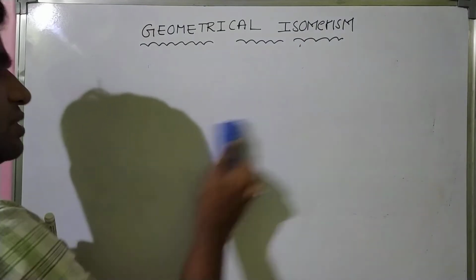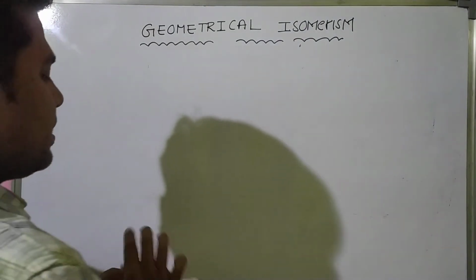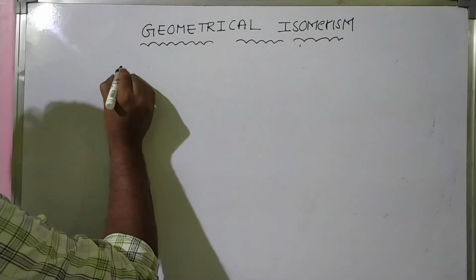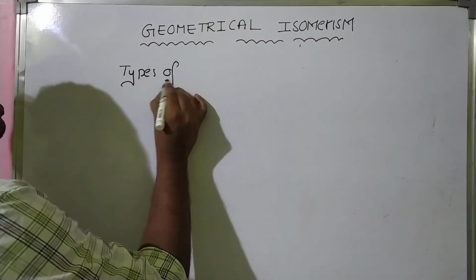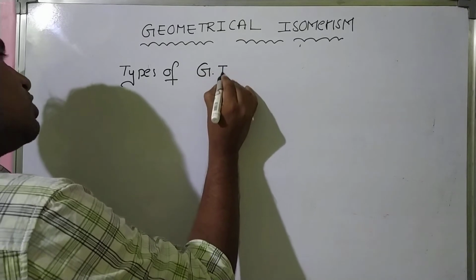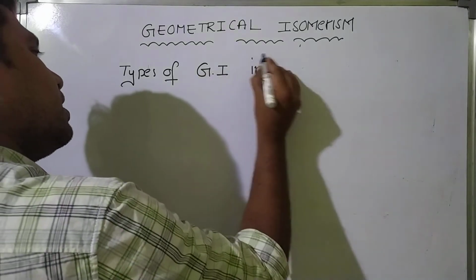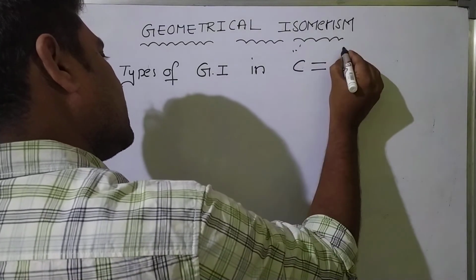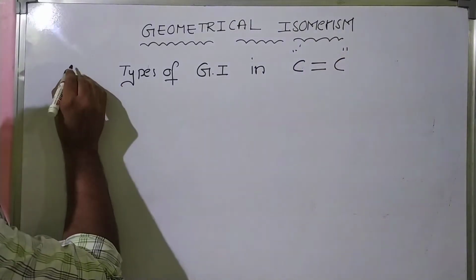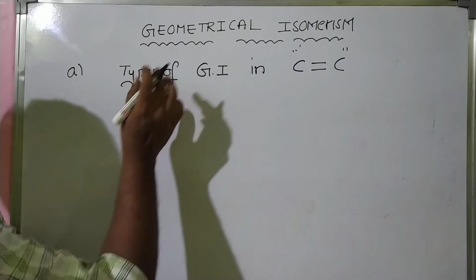Now we will discuss types of geometrical isomerism in carbon-carbon double bond. This is our main topic.